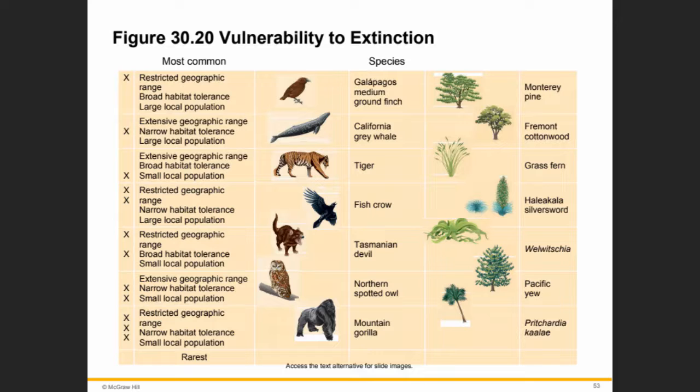The Tasmanian devil has a restricted geographic range, broad habitat tolerance, and small local populations. Those are the several causes for their extinction.